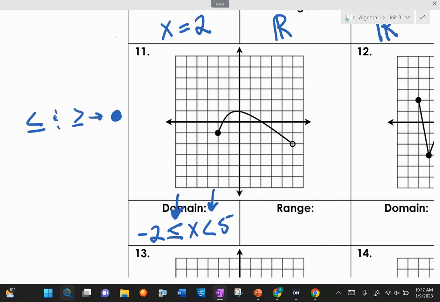It's going to be a closed point. And then without the or equal to, you're going to have an open point. Your teacher would be very happy if you would remember that.